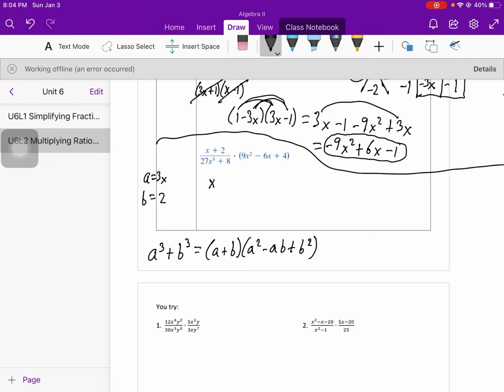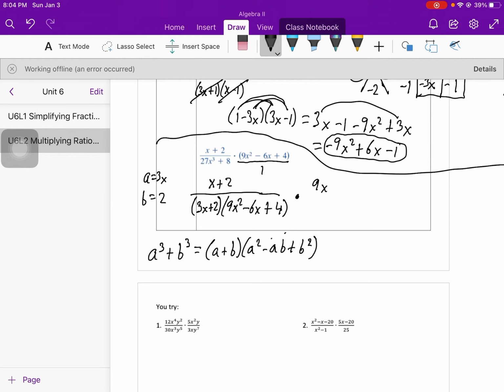So I'm going to rewrite this because it's going to be kind of a big fraction. So now what we end up getting after I plug this in is 3x plus 2, and then the parentheses is going to be 9x squared minus 6x, 8 times b, so 3x times 2, plus 4. But now look at the other side. Remember, if it's just a single number like this, to make it a fraction, you just put it over 1.